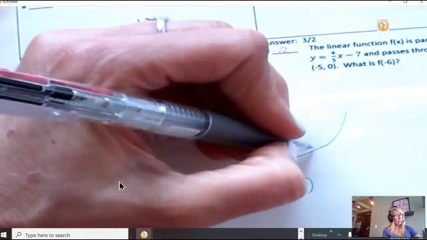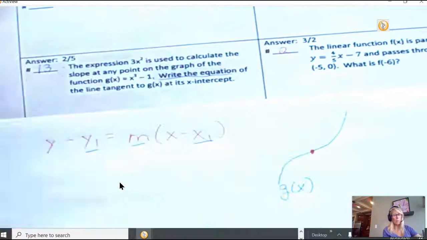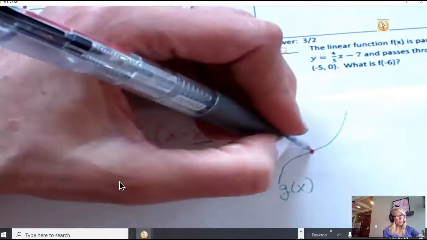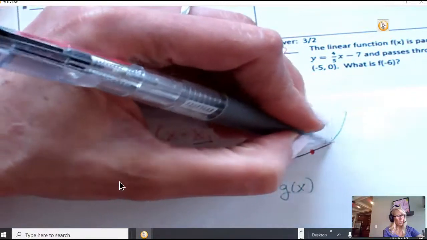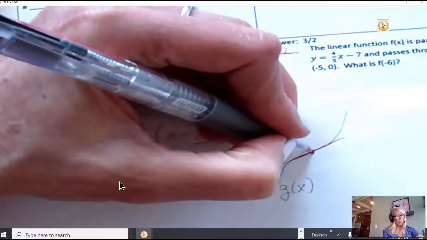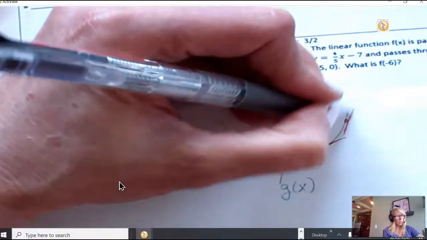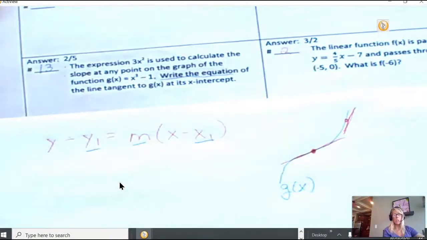And our x-intercept could be right there. A line tangent to g of x just follows along the curve. It only touches the curve at that point, basically. So a tangent line up here would look, mine's terrible, but it would just touch the curve at one point, kind of skim it.